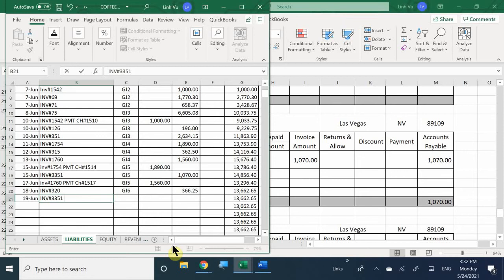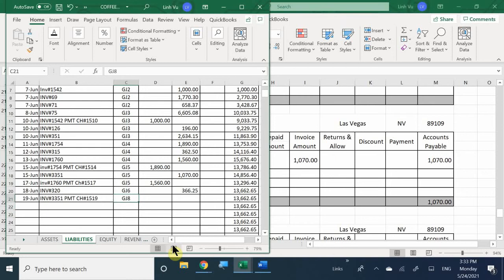So invoice 3351, Journal 7. I'm going to go ahead and add this so that you know that you're not entering another bill. And then we're going to put the check in. 1519. Good.